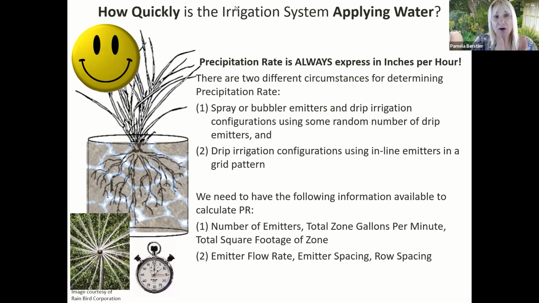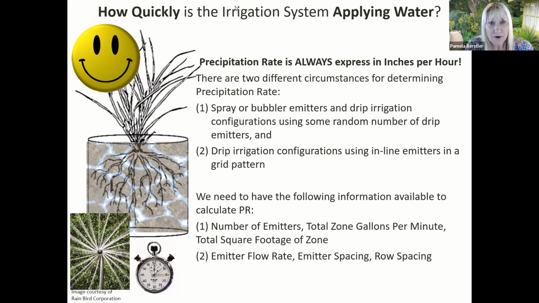And then that tubing is placed in the soil at regular intervals between the tubes. So you have a grid pattern of emitters on a regular interval and the spacing of the rows on a regular interval. If you have that scenario, it is a different method for calculating precipitation rate. So 2 ways of calculating precipitation rate.